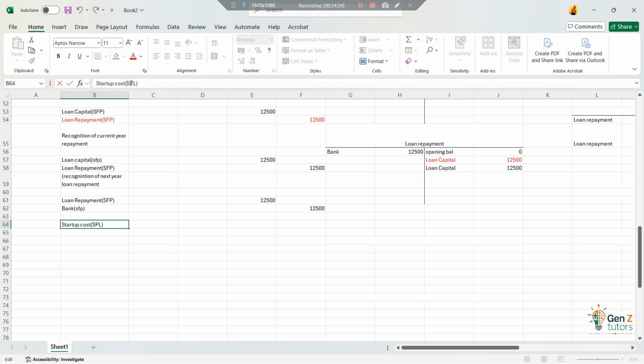The next transaction is that we paid PZ agency 5,000 for assisting in creating the company, even though we make it another transaction later on, even though it's supposed to be at the beginning of the year. So we paid what? Startup cost.